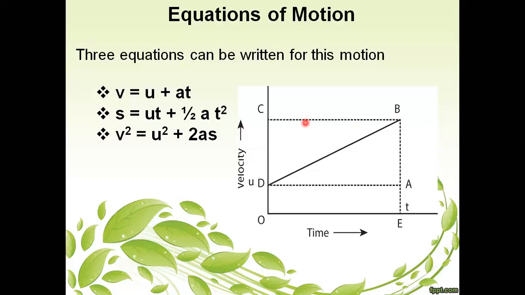So in this graph we have an initial velocity and a final velocity, and this is uniformly accelerated because it gives a straight line. We also studied the graphical representation of the velocity-time graph, uniform acceleration and non-uniform acceleration.